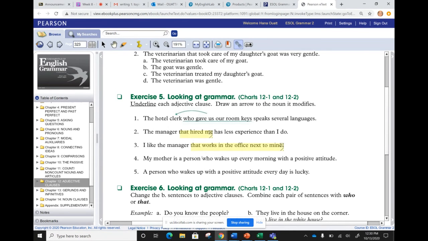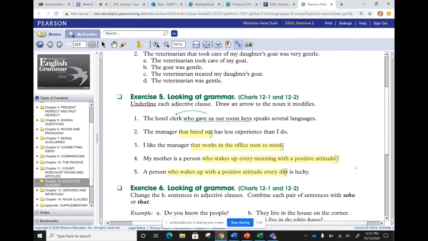We've got number 4, who wakes up every morning with a positive attitude. The SRP is who, the verb is wakes up, and we draw the arrow to person. Number 5, the adjective clause starts with who wakes up with a positive attitude every day.